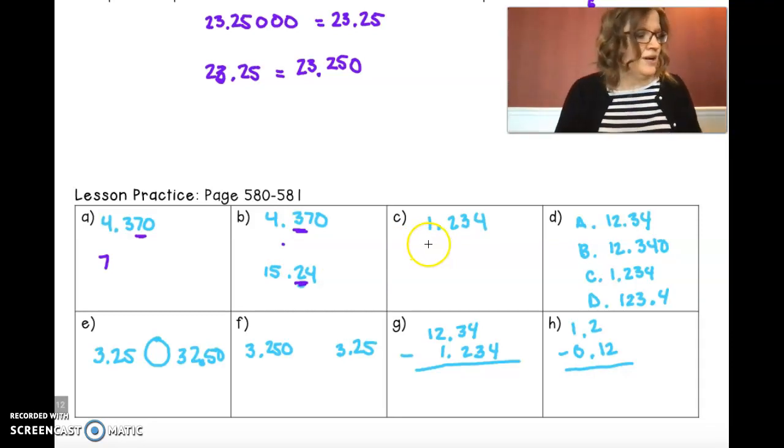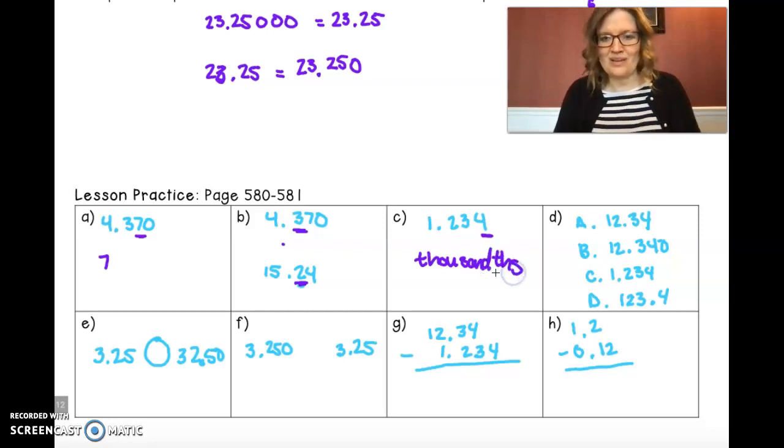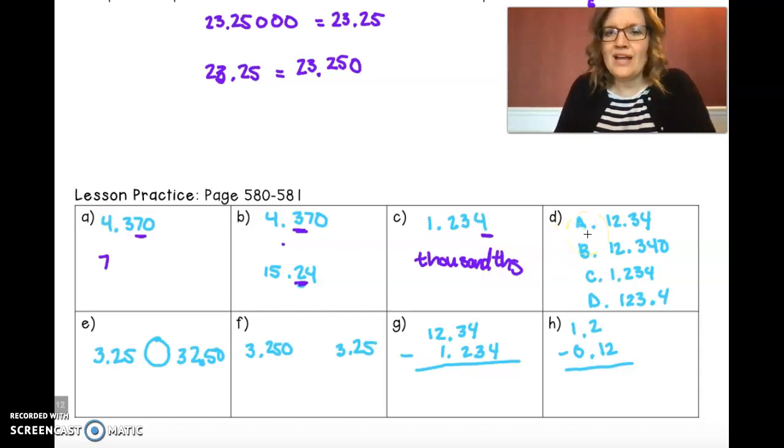On C, name the place value of the 4 in 1 and 234 thousandths. 4 is in the thousandths place.